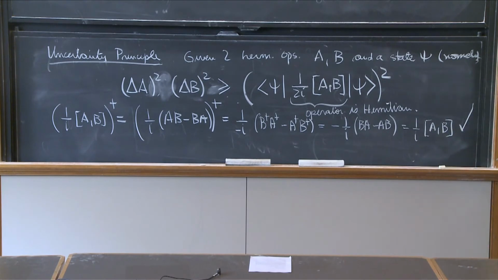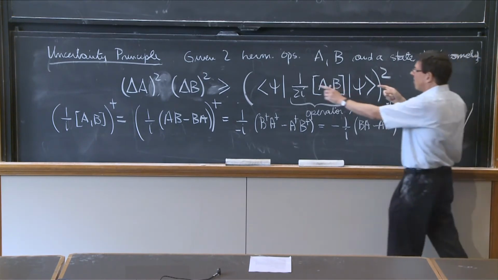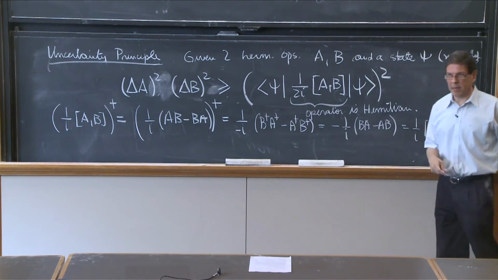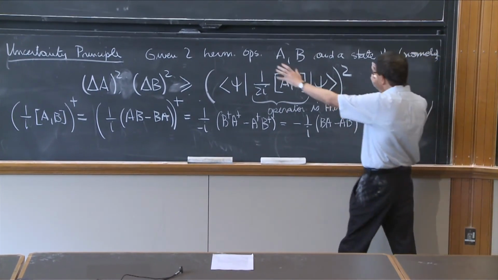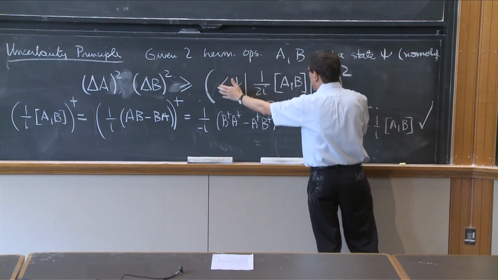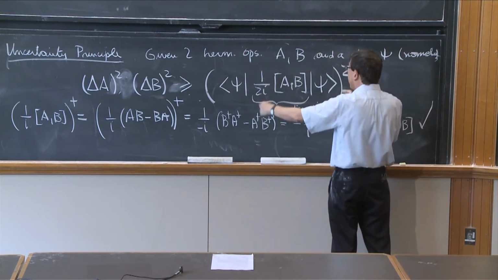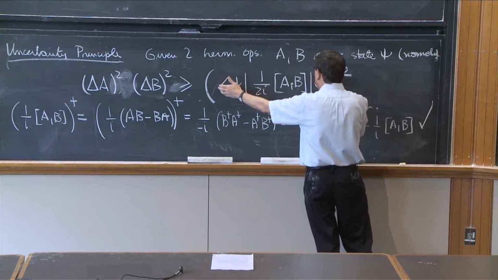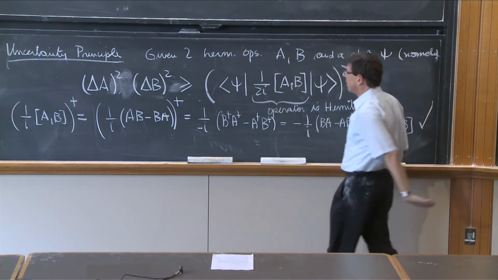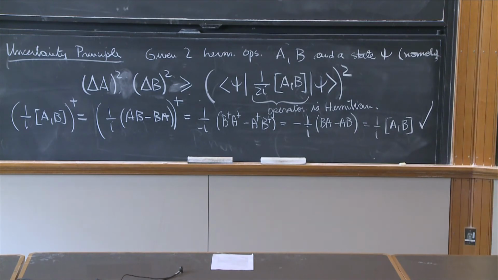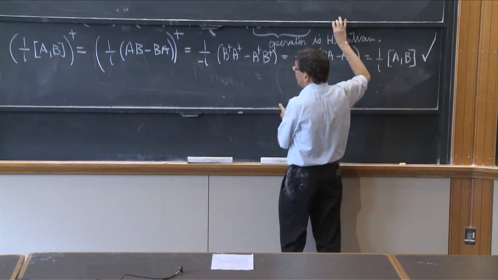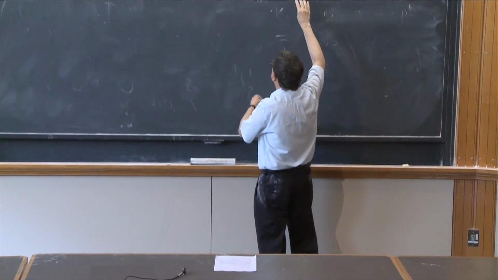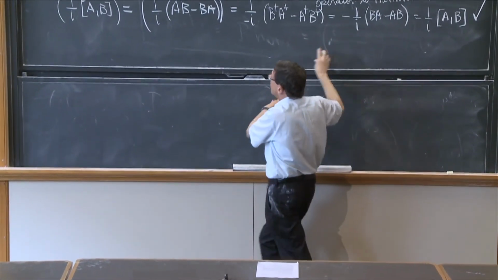And as we proved, the expectation value of any Hermitian operator is real. And we're in good shape. We have a real number. It could be negative, and when you square it, it is going to be a positive number. So this makes sense. We're writing something that at least makes sense. Another way to write this inequality, of course, is to take the square root.